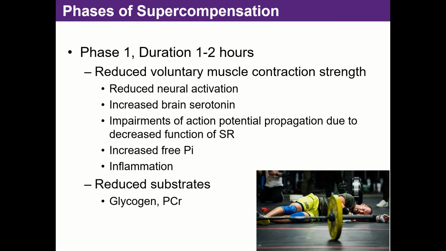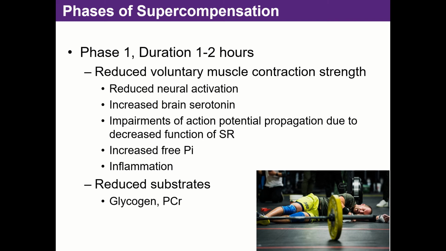And so that presence of increased free phosphate may reduce the calcium sensitivity inside of the myofibril. So that has some interaction with the sarcoplasmic reticulum, and so it again is going to play a role in hampering that release of calcium from the sarcoplasmic reticulum.